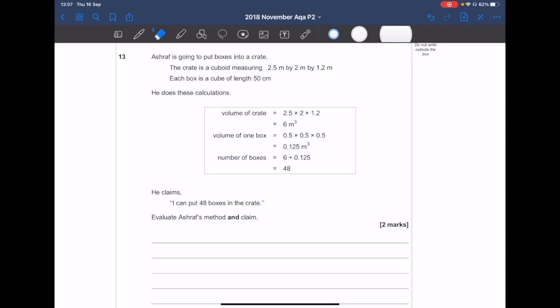Now the problem that we've got here, guys, is you've got to think you've got a box and you're trying to put boxes inside, and his method does not work because 1.2 meters does not divide exactly by 50 centimeters.